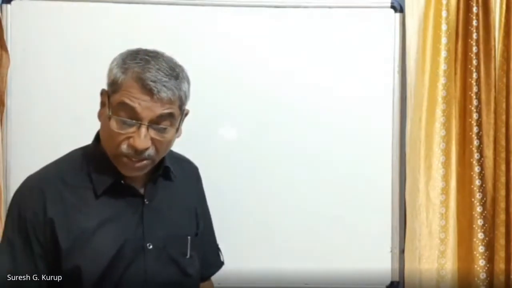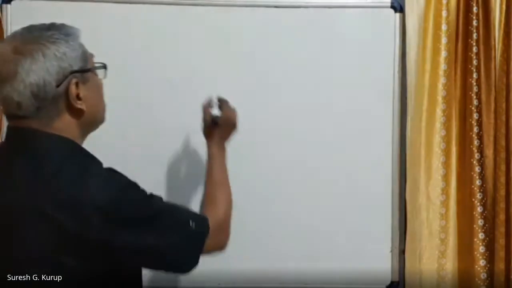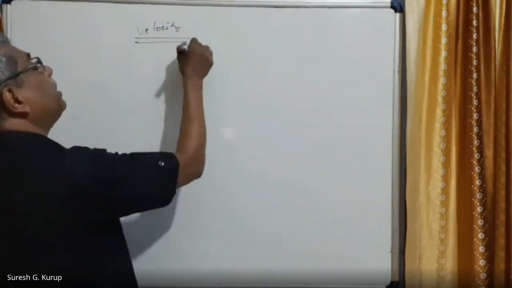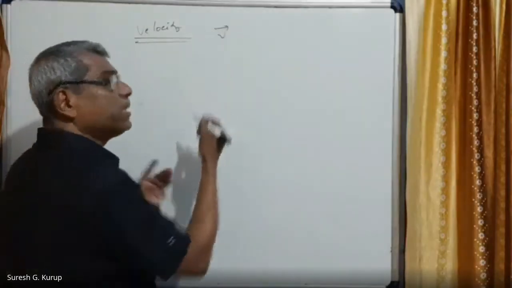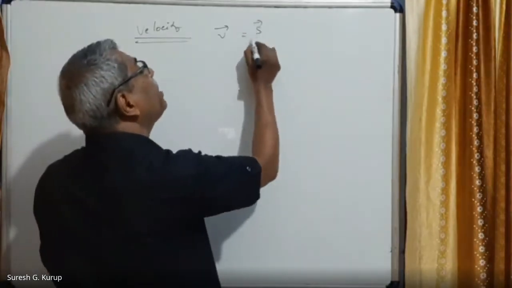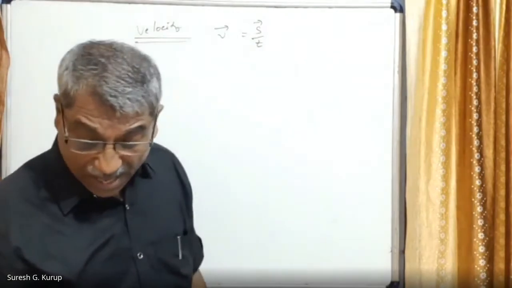The time rate of change of displacement of a body is called velocity. Velocity is a vector quantity. Therefore, velocity is given by small v. Velocity v is equal to the displacement vector divided by t.